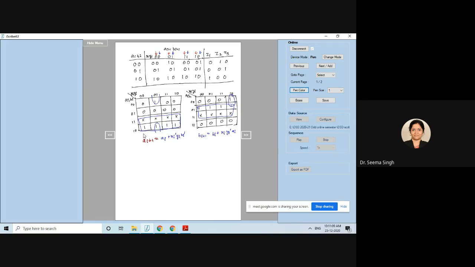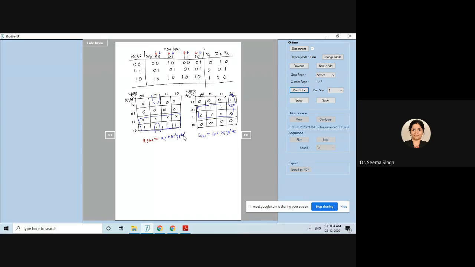Ai+1 will be 1 if Ai is 1. And if Ai is 0, that means from the previous bit, from the MSB, Ai+1 is not high, and if this is 0, then it will depend upon your present input. And present input will make Ai+1 high only when your Y is high, and this remains 0.